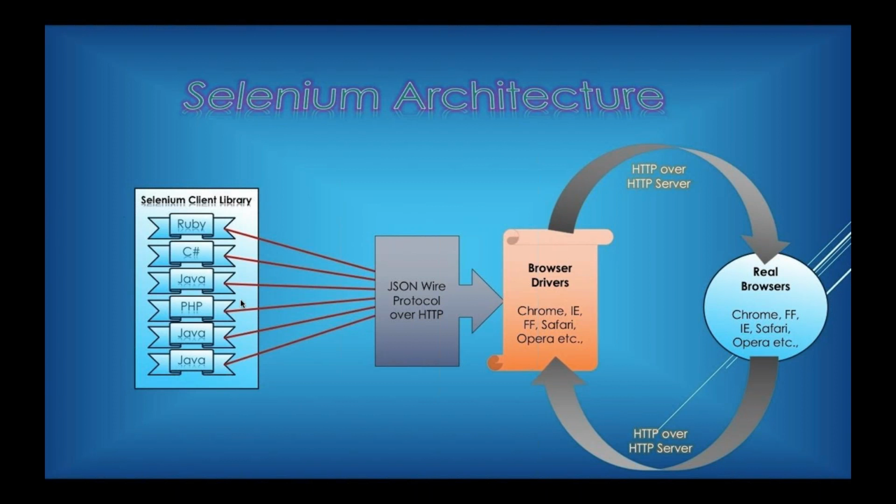Over the HTTP protocol, we send the request to the driver in the form of JSON, and then the request is performed on the real browser, and the response comes back from the browser, such as Chrome, to here. We are sitting over here, the automation engineer.